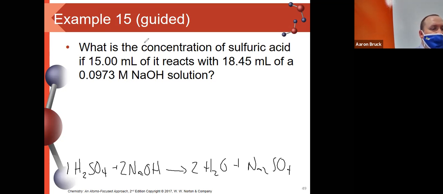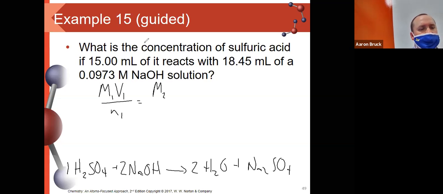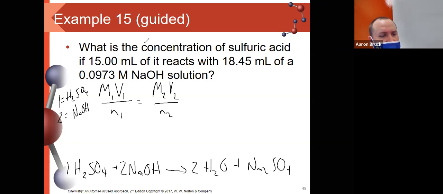Remember the titration equation, M1 V1 over N1 is equal to M2 V2 over N2. For our purposes here, we'll make 1 the H2SO4, we'll make 2 the sodium hydroxide. Now we just need to plug in the correct values in the correct places.